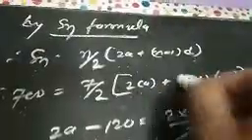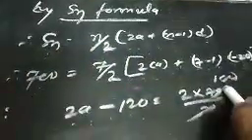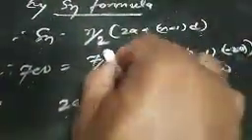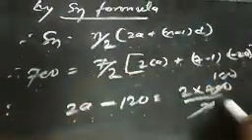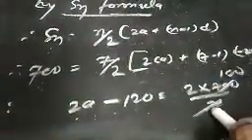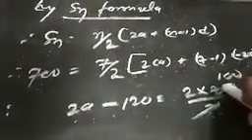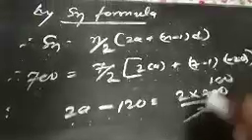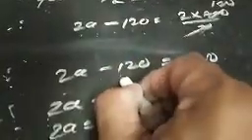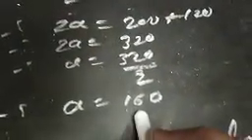So here 2a minus 120 is equal to this 2 we multiply with 700, 2 times 700, and this 7 we bring to the other side, meaning divide by 7. 700 divided by 7 is 100, so 2 times 100 is 200. So 2a minus 120 is equal to 200. On simplification, we get a is equal to 160.